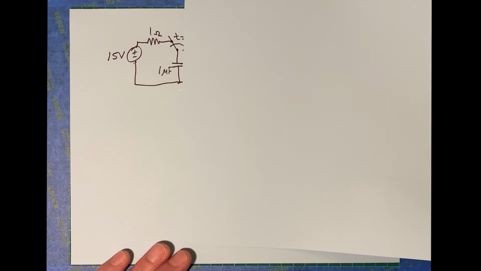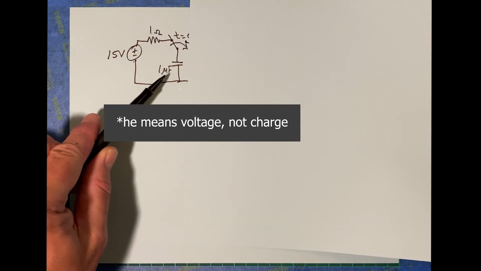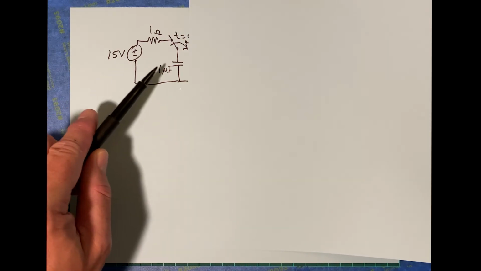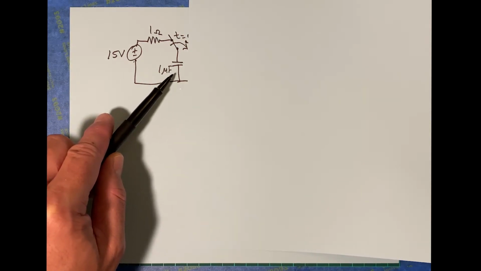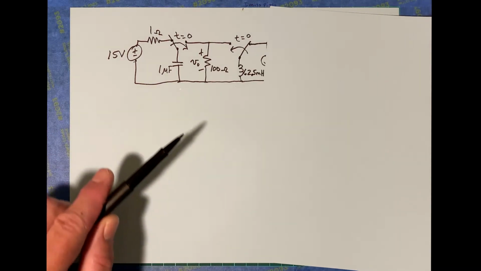You've got that circuit that will allow us to figure out what the charge is on the capacitor there. In fact, it's going to be 15 volts. You can tell that. So at t equals 0, that's going to have 15 volts on it.